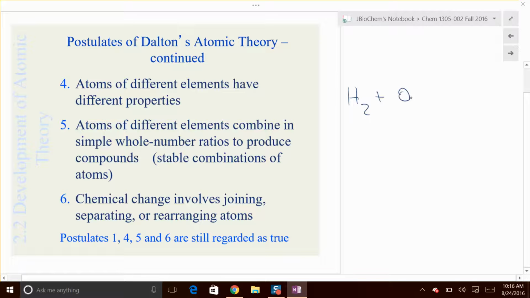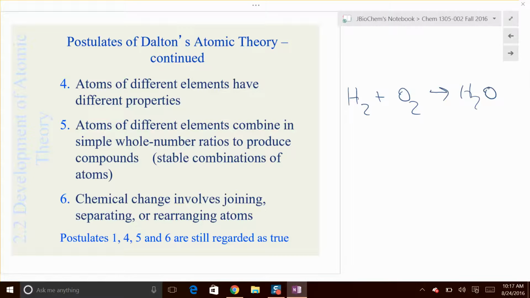H2 plus O2 produces H2O, not H1.5O, right? They're whole number combinations of these elements. That's how they come together, as entire atoms. On the atomic level, that's how they're interacting, as individual atoms.